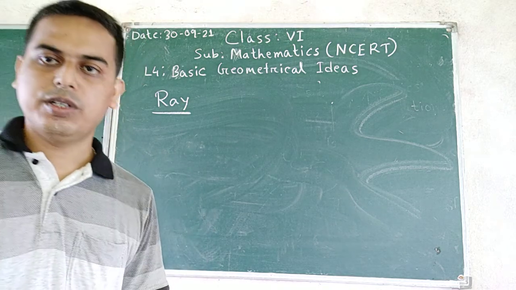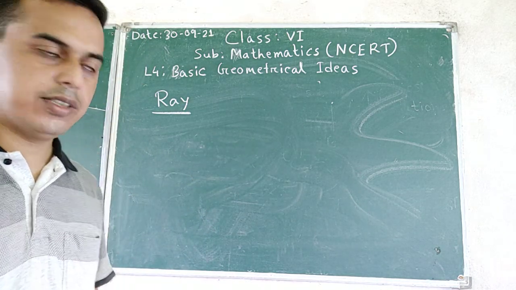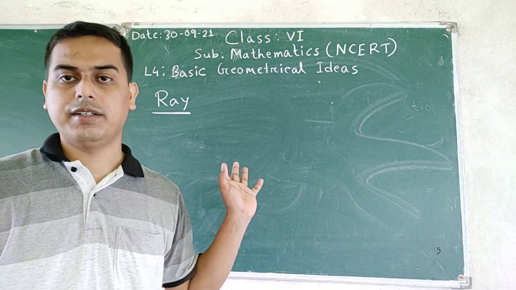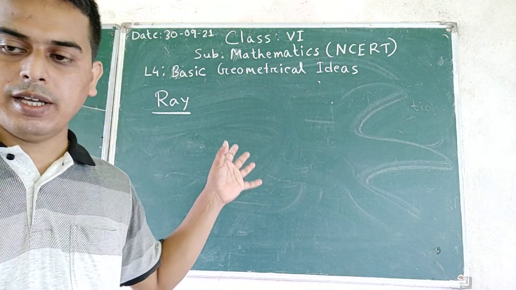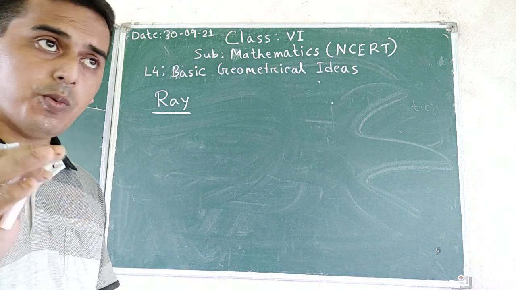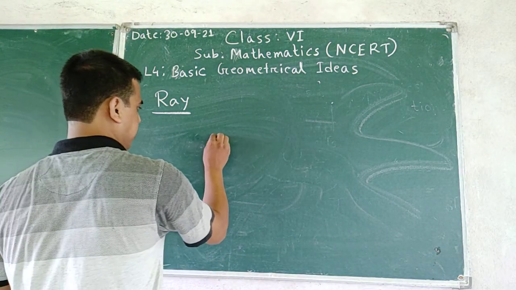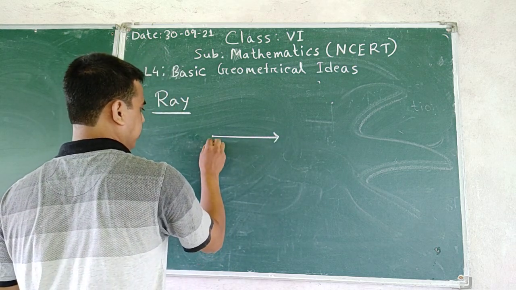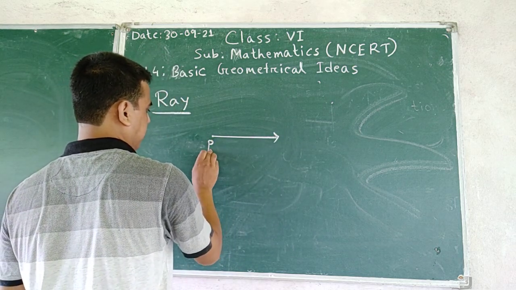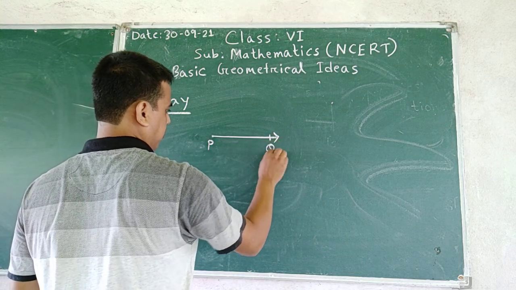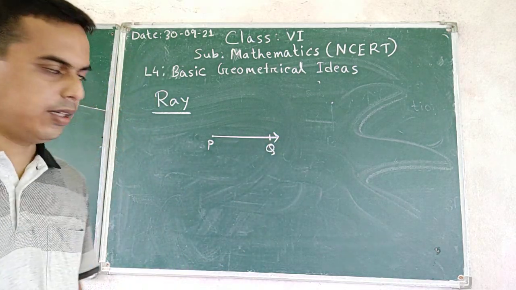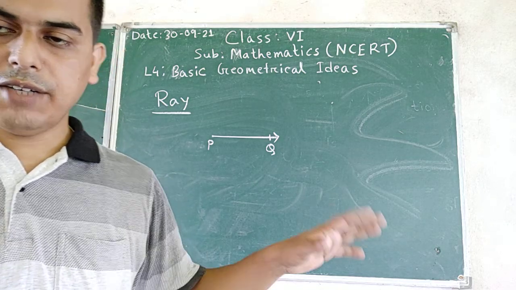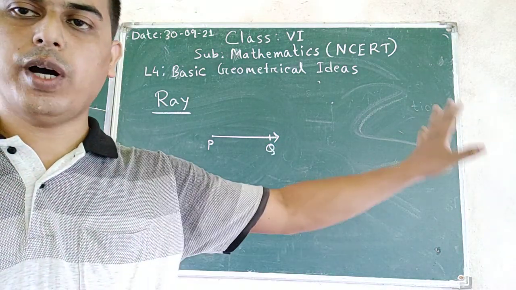Now our next concept is ray. A ray is also a part of a line. It begins from one point like this and extends indefinitely only in one direction.